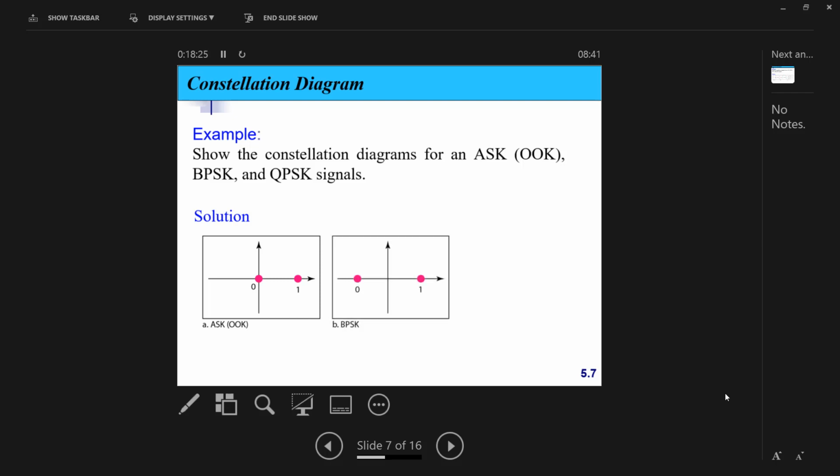For binary phase shift keying, we have 2 points with the same amplitude, but one with phase 0 and the other one with phase 180. Okay? The QPSK has the same amplitude but four different phases. Is it easy to plot this figure?